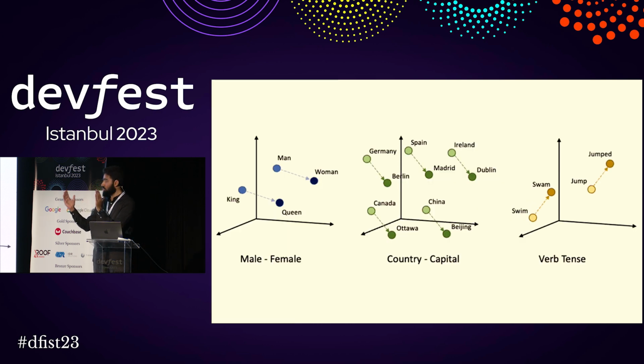But if you reduce the dimensions of those numbers and try to plot them, you can visualize them. So embeddings essentially capture the concept behind the entities mentioned in your data set.